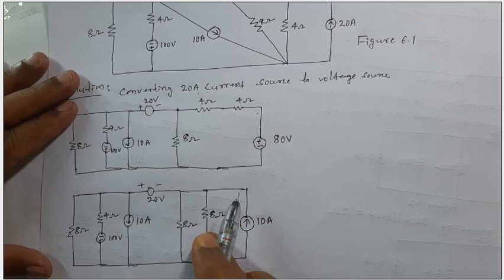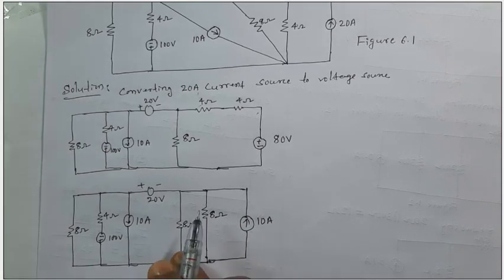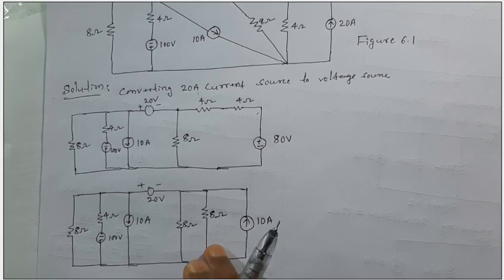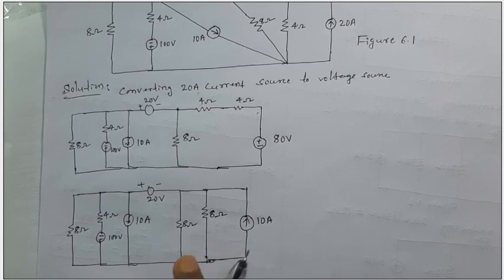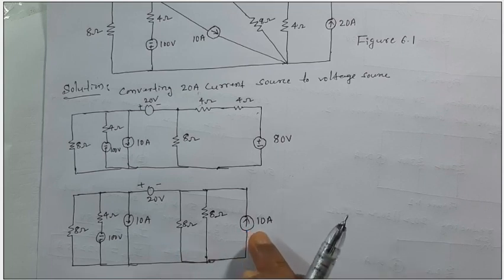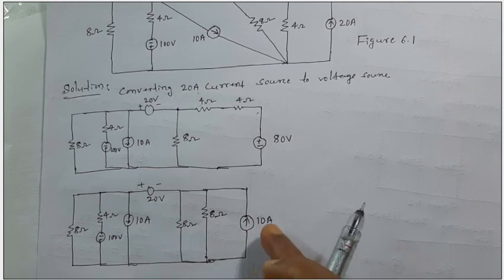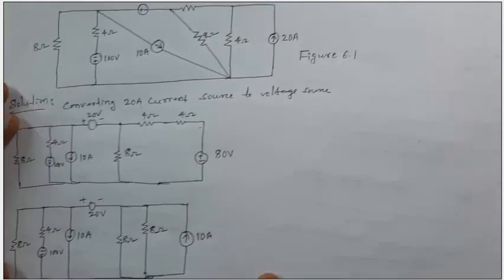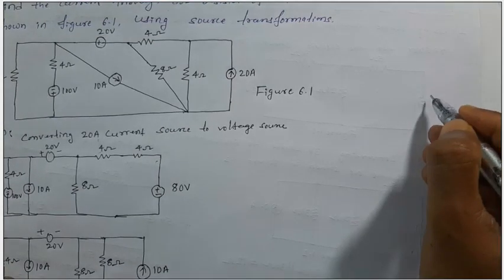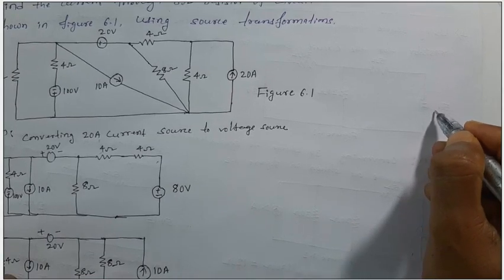Now dear students, if you see, this 8 ohm and 8 ohm resistor are both in parallel, and can be reduced to a single resistance of 4 ohm, and later this current source can be converted to a voltage source. I'll do that, converting this current source to a voltage source.